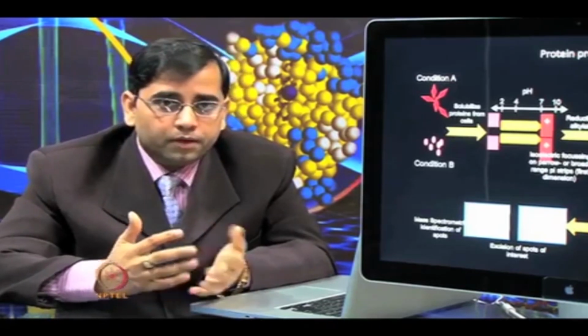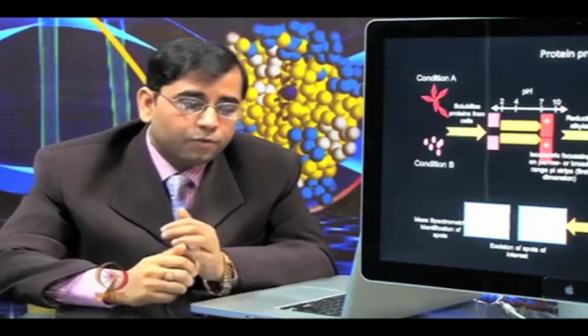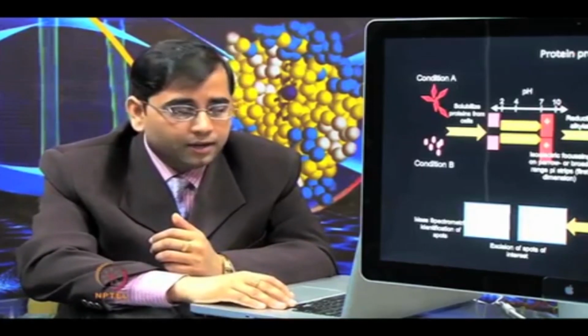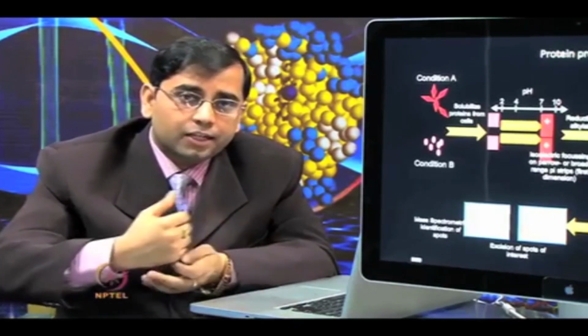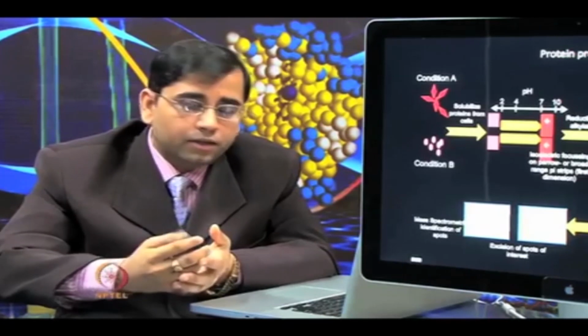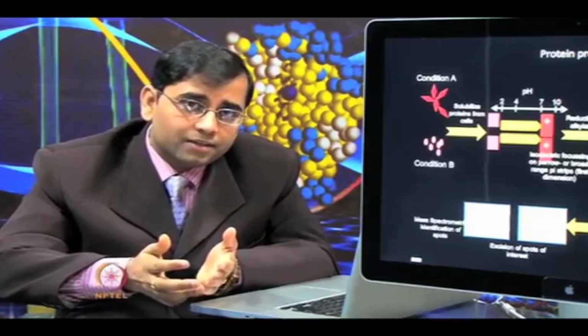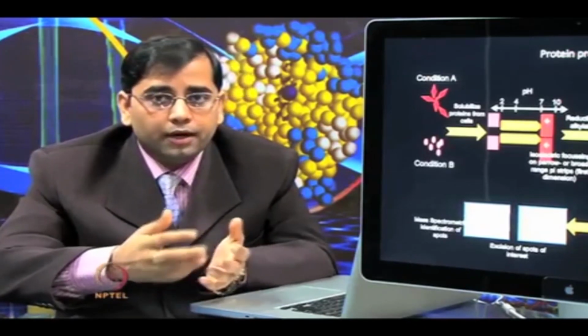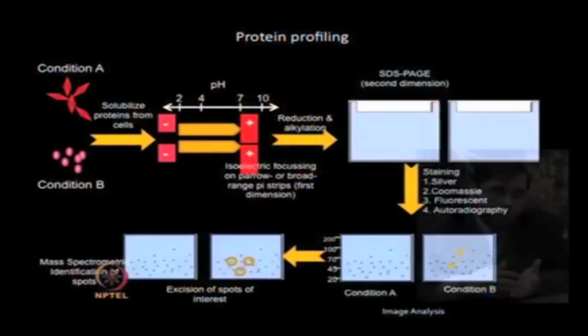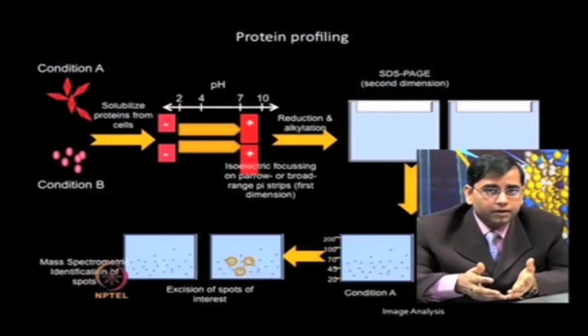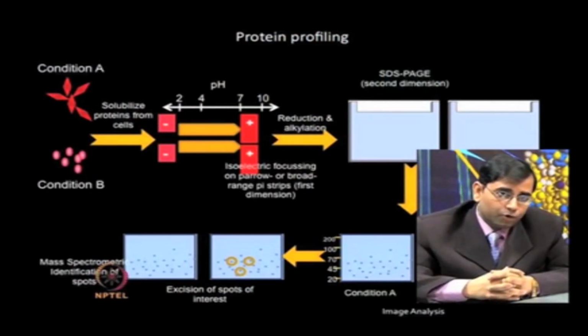Now, one can compare these images from condition A to condition B, and if there are some proteins which are different in their expression, those can be the proteins of your interest. One needs to analyze that from different types of gels, different replicates, both technical and biological, and then obtain the statistical information for these spots.